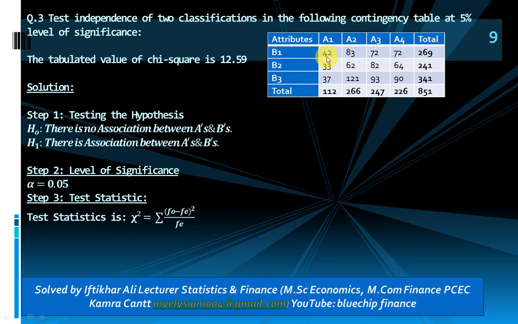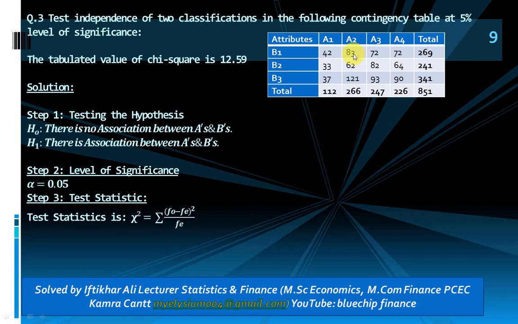For example, if we are going to calculate expected frequency for this observed frequency 42, these are all observed frequencies, FO, and FE will be calculated by ourselves. So how can we calculate it? For 42, row total multiplied by column total divided by subtotal.